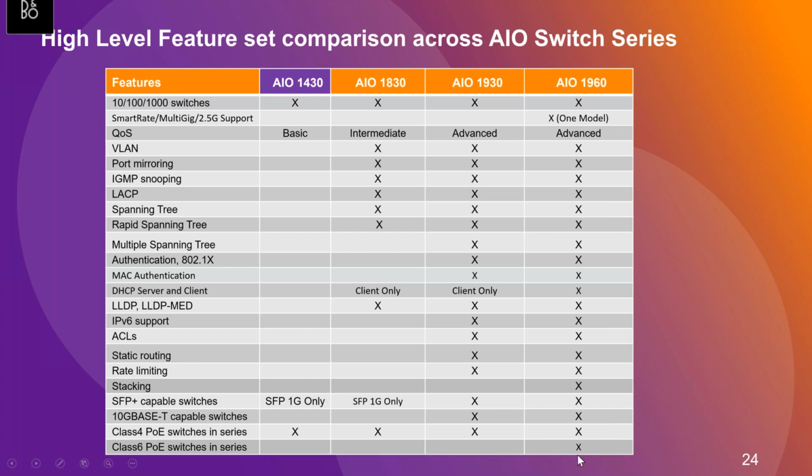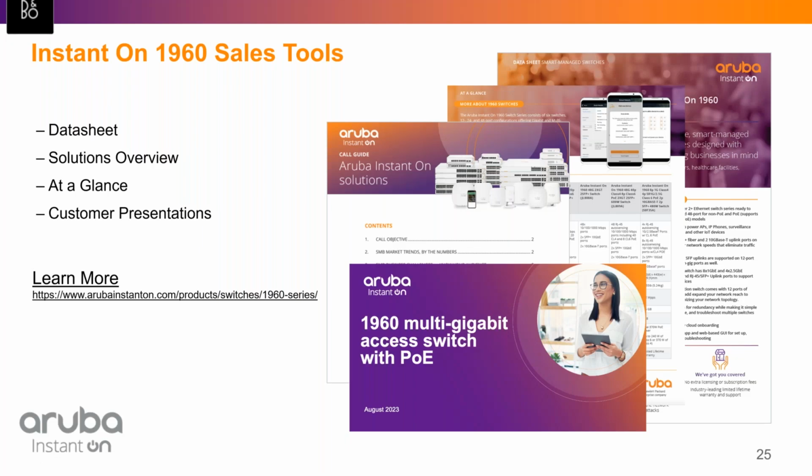And then there's also support for PoE plus, as well as stacking support. That's the big differentiator with the 1960 as opposed to the 1930, which also has a strong feature set as well. And then here's a link to more information about the 1960 series with a little bit more details there, data sheets, etc.